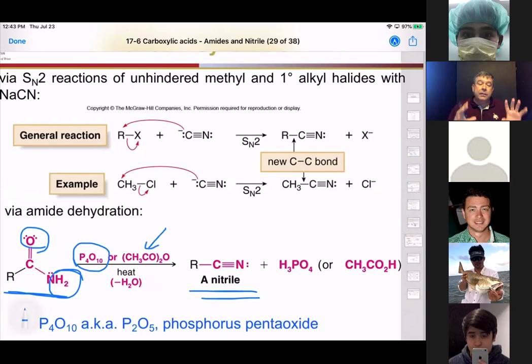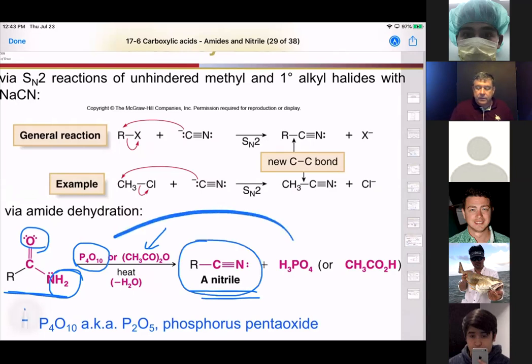And what it'll do is it'll take the water away and generate our carbon nitrogen triple bond. In the case of the P2O5, or the phosphorus pentaoxide, it'll generate phosphoric acid, or acetic acid if we're using anhydride. Okay. So basically all we've done is dehydrate our amide to generate a new functional group, the nitrile.